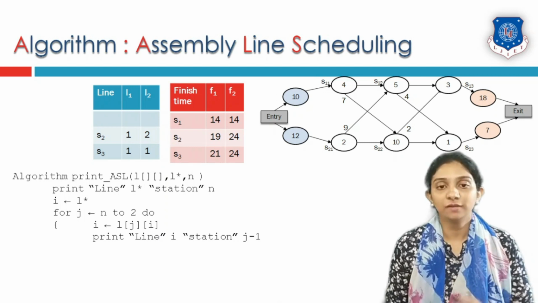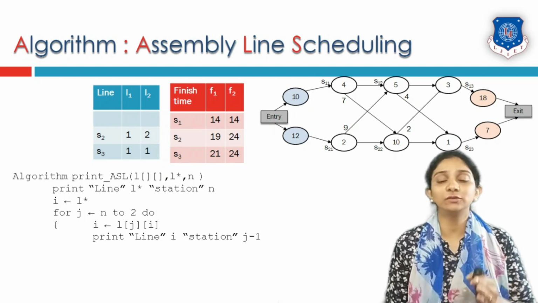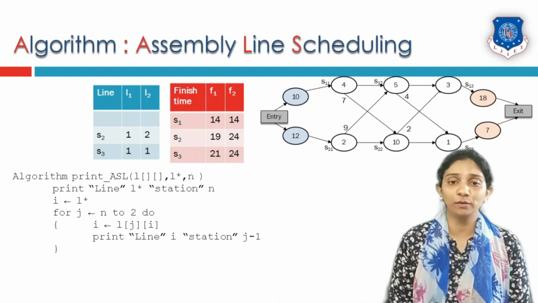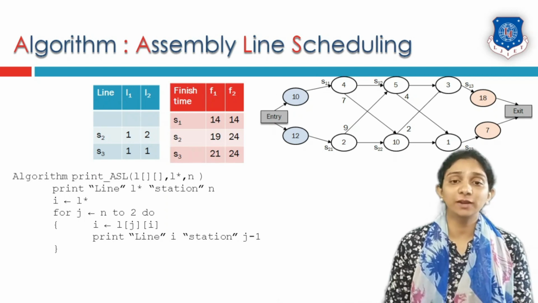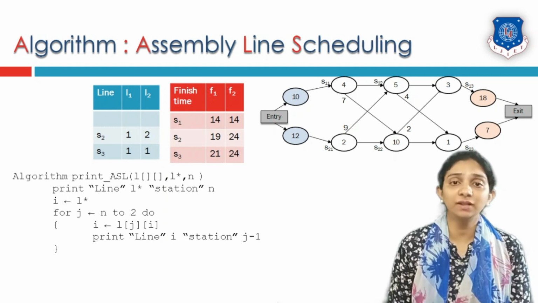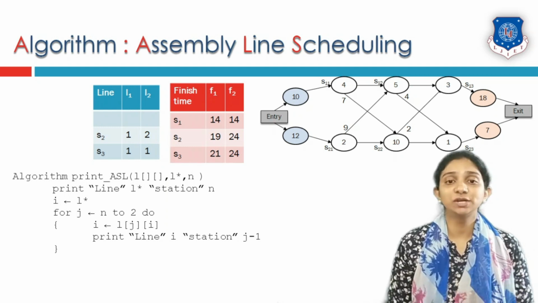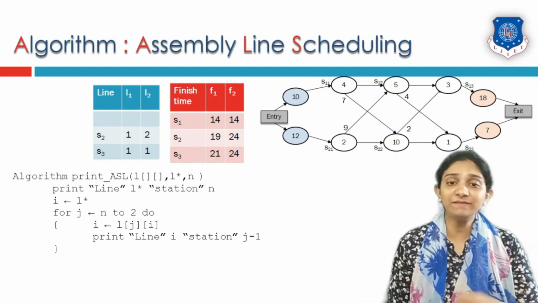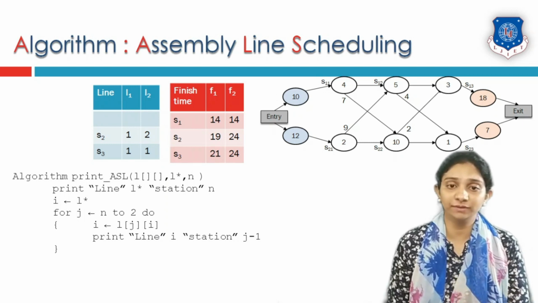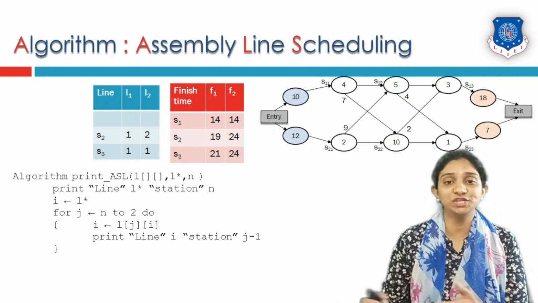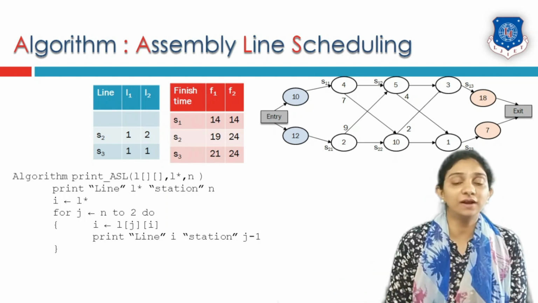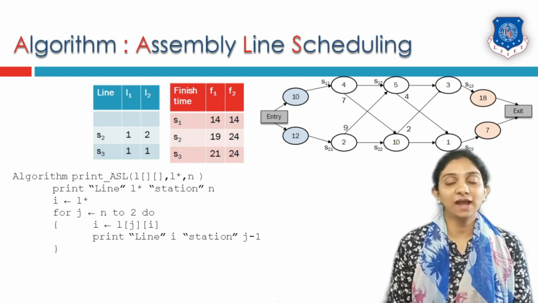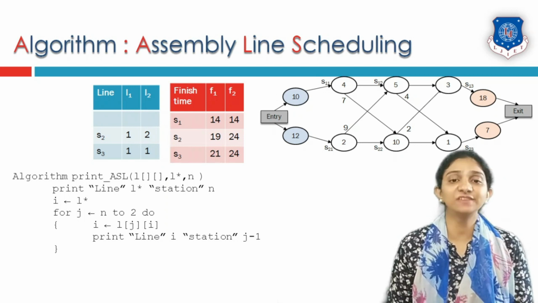So from n minus 1 to the first station, we use a for loop. Inside the for loop, we look up the line table L, in which our station number becomes the row and the previous line number becomes the column number. That's why L of ji gives us the next line number I. And finally we print line I station j minus 1 as selected.